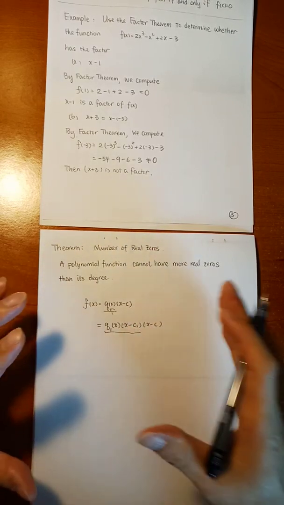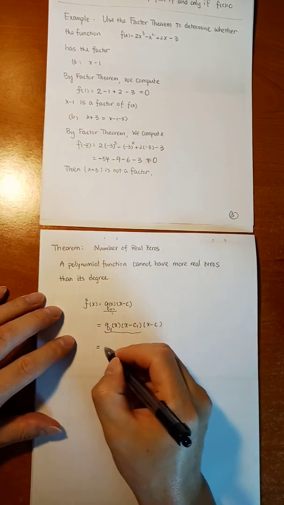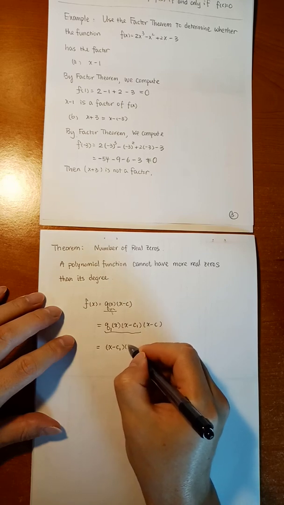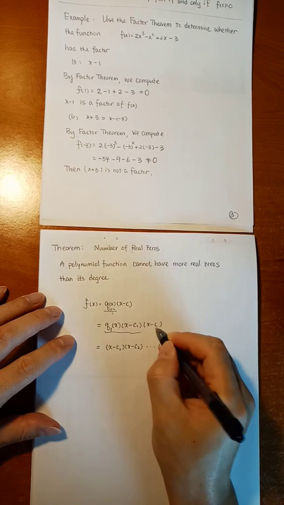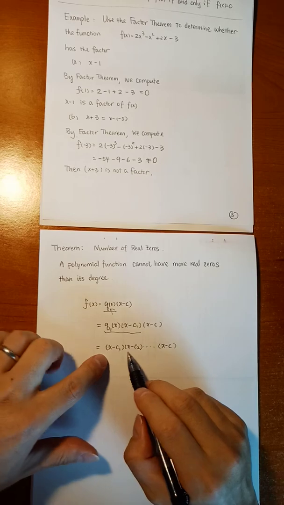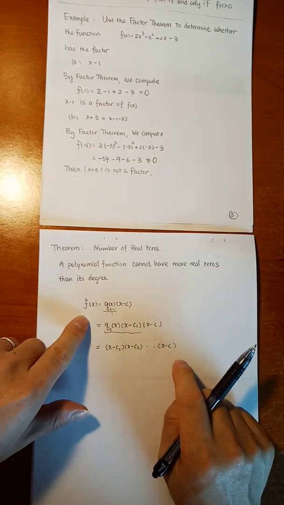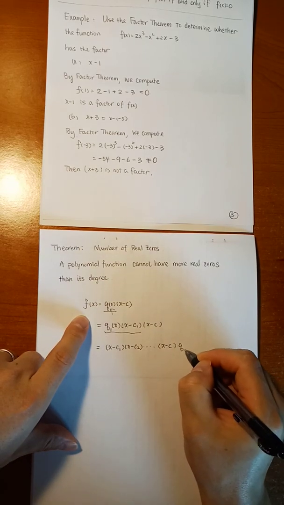And you continue this, we call it factorization. Eventually, you possibly have x minus c1, x minus c2, together with the first one, and this product is going to be f(x).